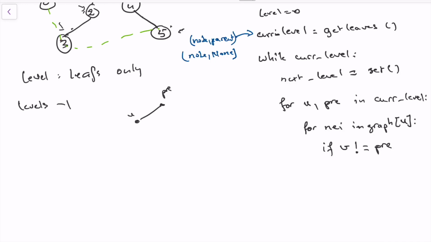Sorry, this is neighbor. So to be more clear, let's just call this parent. And then if neighbor is different than parent, then add it to the next level.